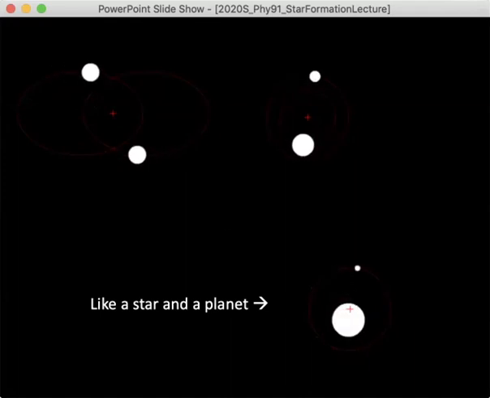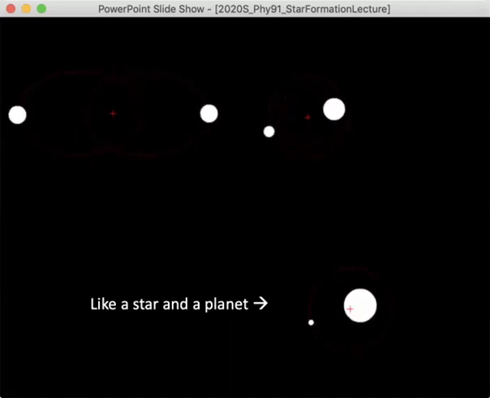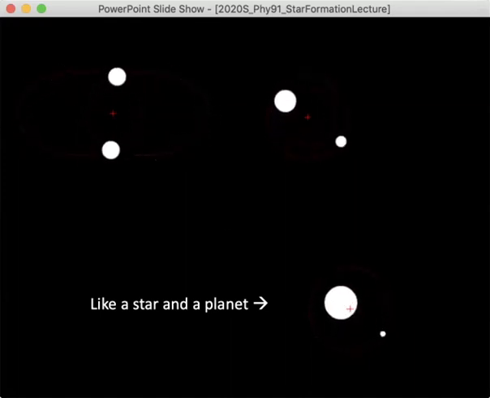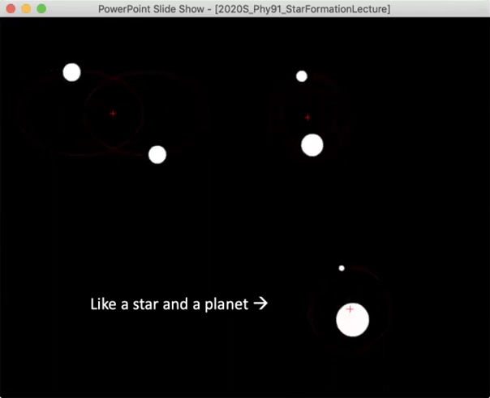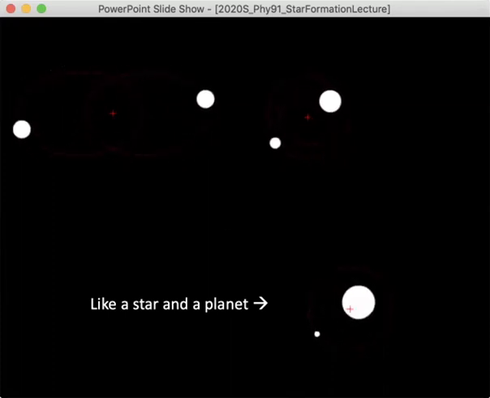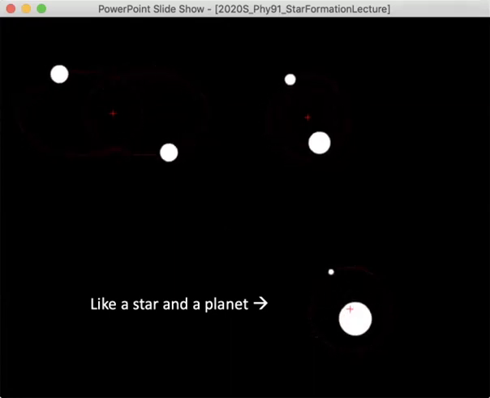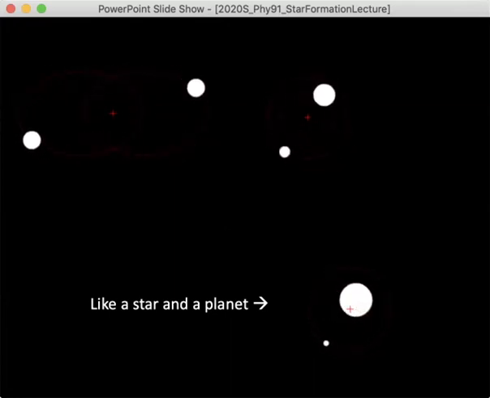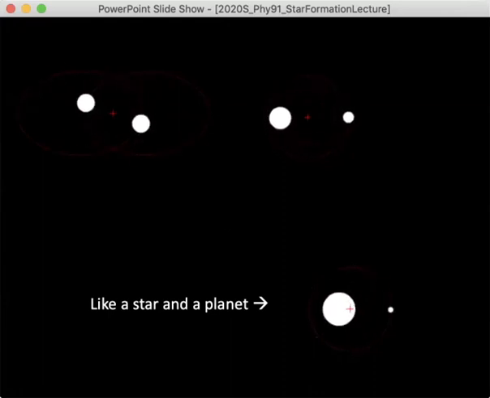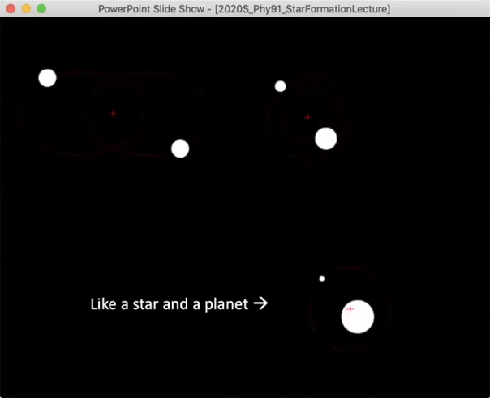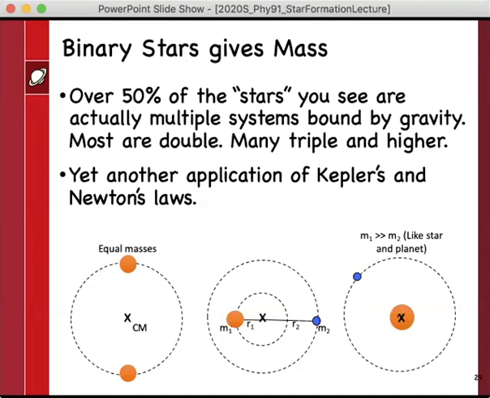And by using the same exact version of Kepler's laws that you saw for planets, we can use a very similar version and use that to understand and actually solve for the masses of these individual stars, which is useful. It's very useful because this is really one of the few ways we have to get masses of stars.